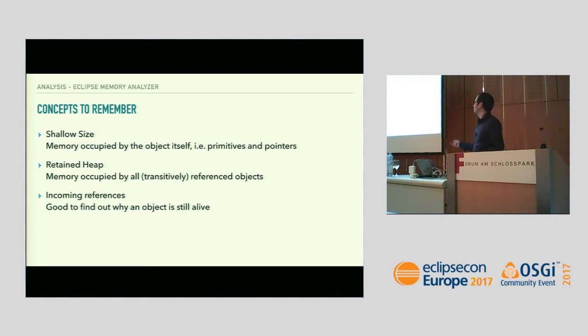So that's the one we need to look at, because that aggregates the size of the object itself plus the size of all other objects transitively, which it's referring to. And the other way around would be incoming references. So if you want to know why an object is still kept alive, who has references to it, so the garbage collector does not get rid of it, these are the incoming references. Can have a quick look at how it looks like.